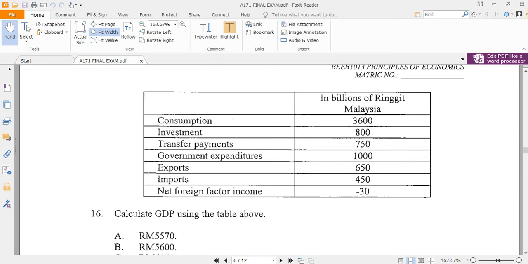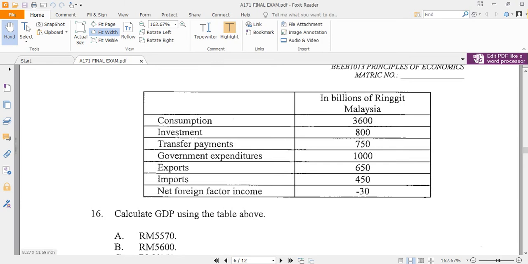This is what I mentioned as one of the focuses of chapter number 9: the calculation of GDP, usually using the expenditure approach or the income approach. Some of the components may belong to expenditure, some may belong to the income approach. You cannot have both at the same time.